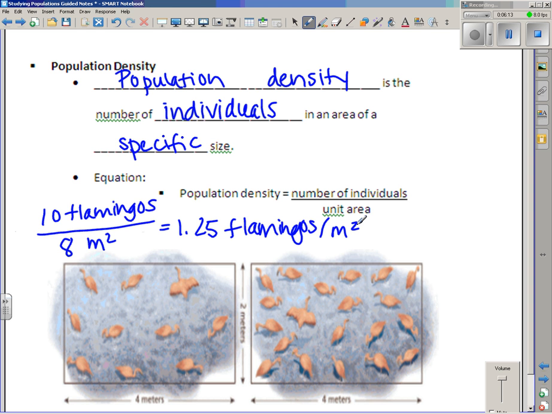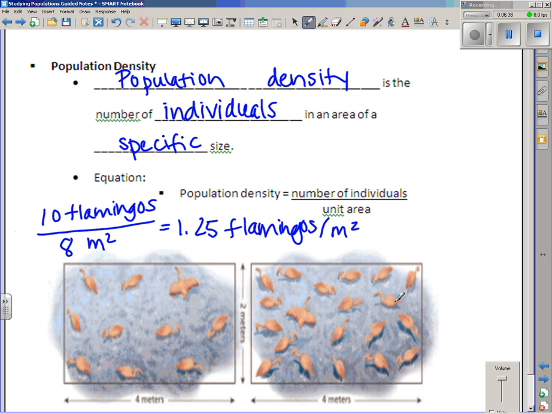So that way you could tell how dense your population is, how many are in a certain area. So you can take a look at the box to the left, and there you can see there's not as many flamingos. It's not as densely populated as the box to the right. The box to the right, you see there's many more flamingos in that box. So the population is much denser. You can see how they're kind of a little bit more crowded.